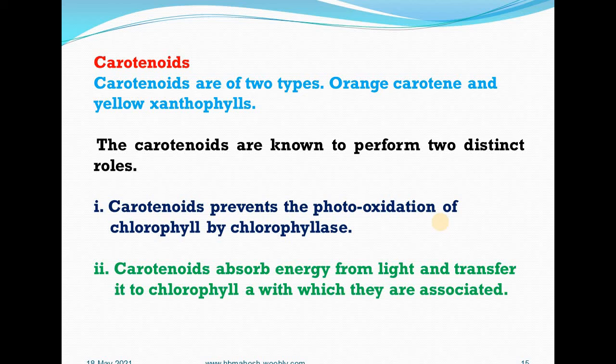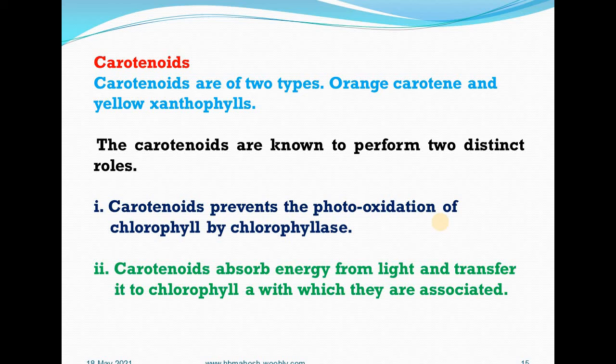Number 1, carotenoids prevent the photooxidation of chlorophyll by the chlorophyllase enzyme. When the chlorophyll molecule is exposed to light, this enzyme causes oxidation. After oxidation, the chlorophyll molecule becomes useless. So carotenoids prevent this photooxidation.